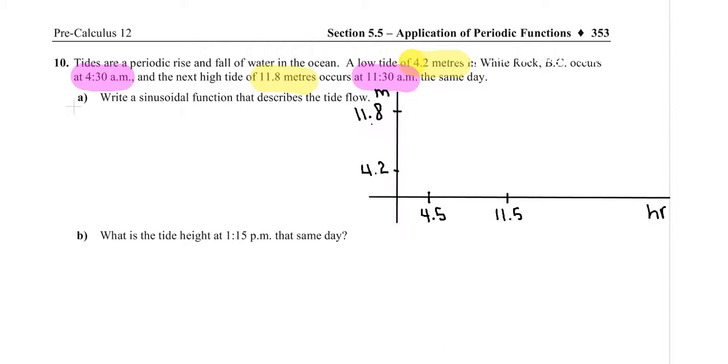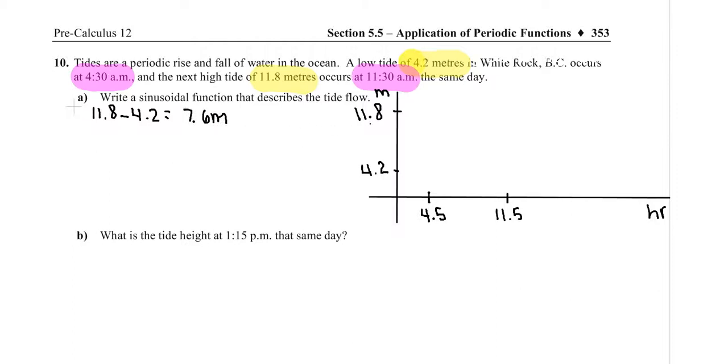The difference between 11.8 and 4.2 is 7.6 meters. And then if we divide that by 2, we get the amplitude. So first we'll do 11.8 minus 4.2 equals 7.6 meters.